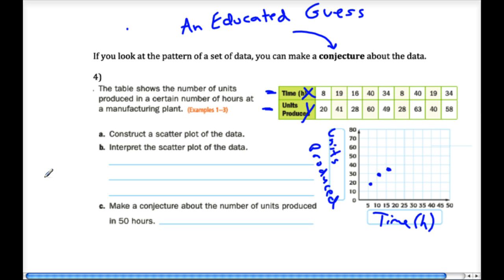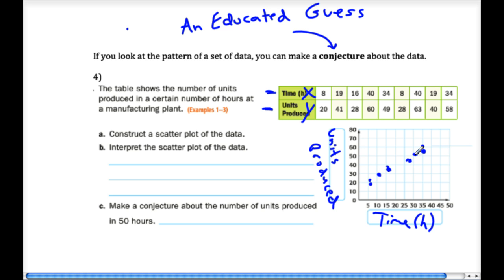So at 40, we got 60. It's an easy one to graph. At 34, we're at 49. Back to 8, we're at 28. At 40, we're back to 63. At 19, we're at 40. And then at 34, 58.